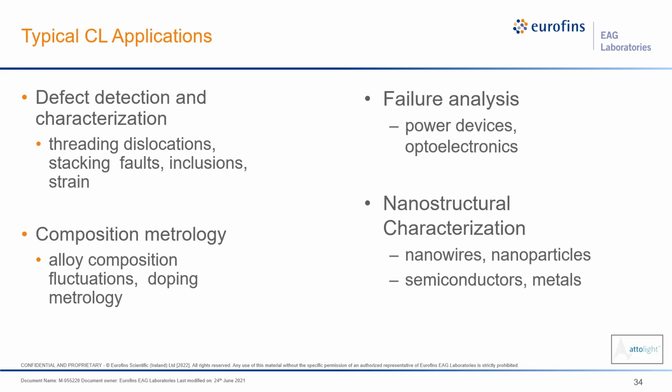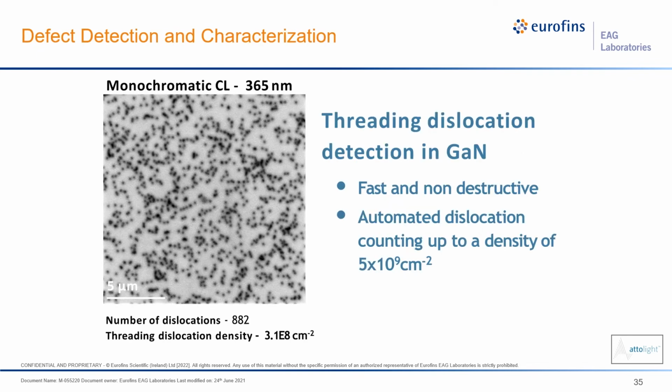And so typical applications for CL would be for defect detection and characterization, including things like threading dislocations, stacking faults and inclusions, as well as composition metrology, failure analysis, nanostructure characterizations, etc. This first example is just looking at how to calculate the threading dislocation density.